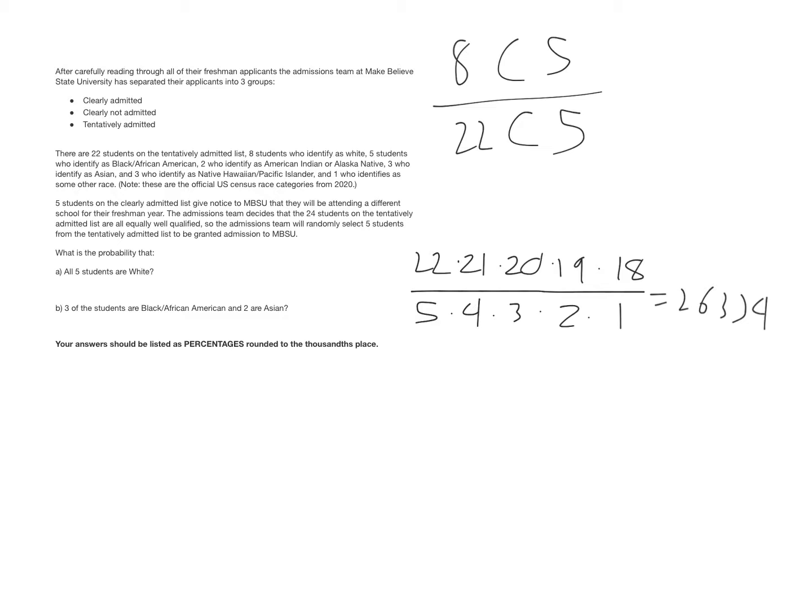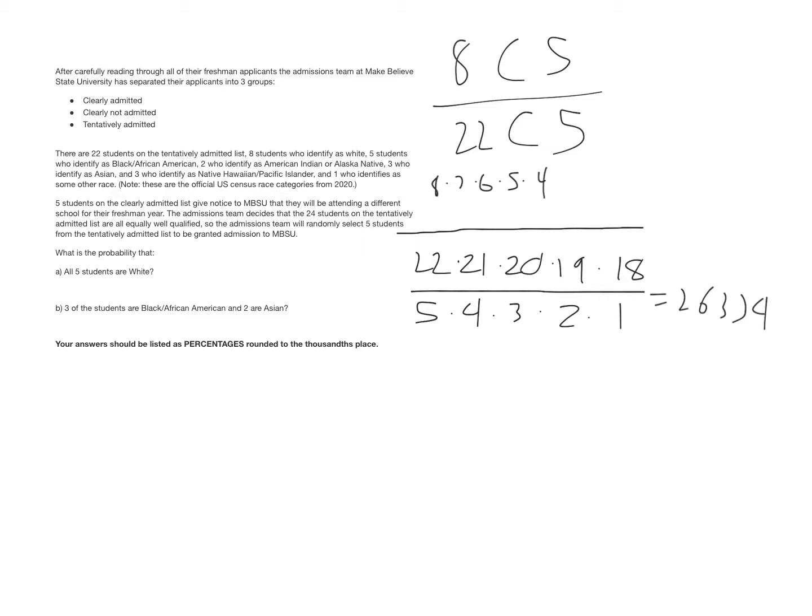Actually, I don't like how I wrote that, so let's do it separately. Just like in the denominator, it's 8 times 7 times 6 times 5 times 4: 8 options for the first student, 7 for the second, 6 for the third, 5 for the fourth, and 4 for the 5th student chosen.